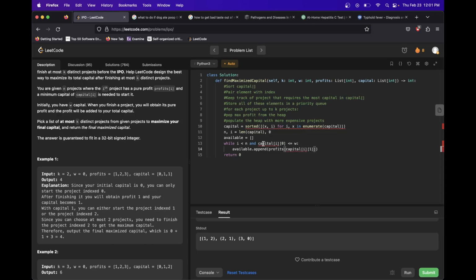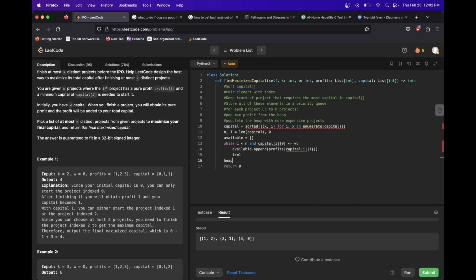So we're saying, take a given element, make sure that we can actually afford it, and then look at that element's index to see how much it's going to give us, and then add that to the heap. And then i plus equals 1.